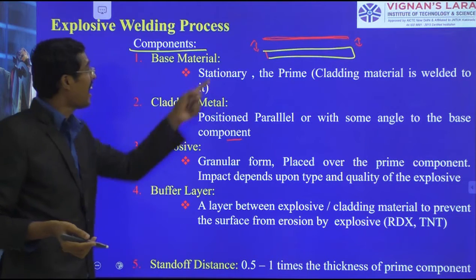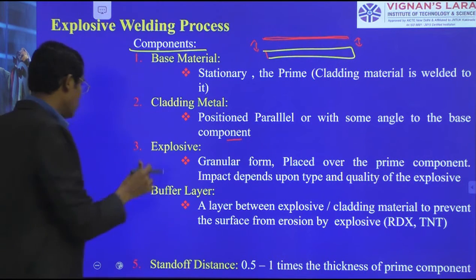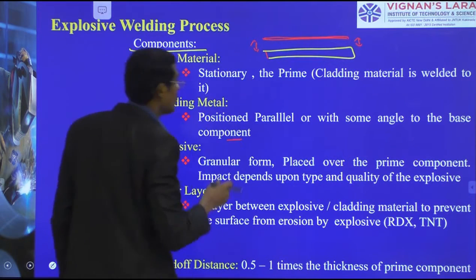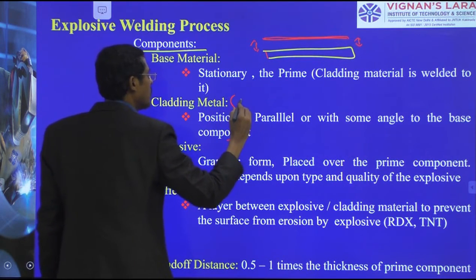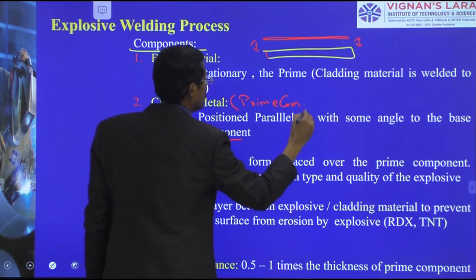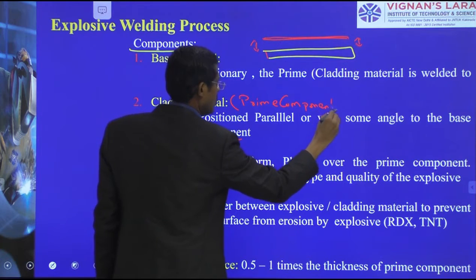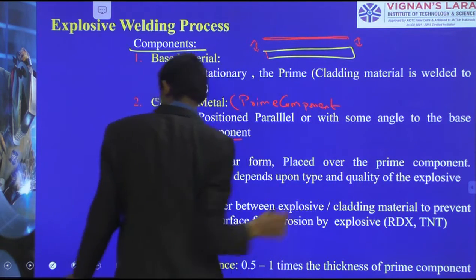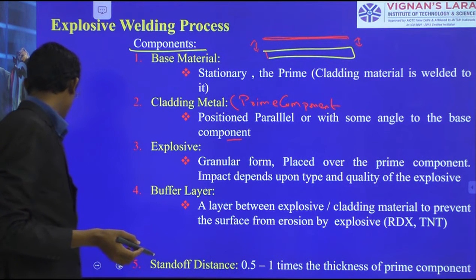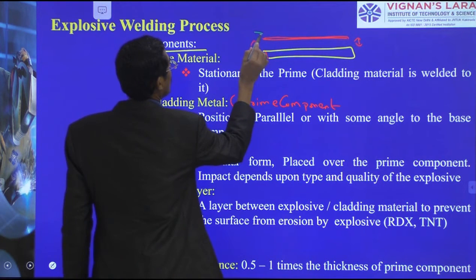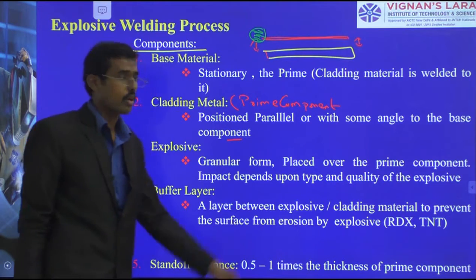Right now, we are attaching the explosive. The granular form is placed over the prime component. Prime component is nothing but the cladding material. The impact developed depends upon the type and quality of the explosive. So I am firing here, and the explosive is fired.